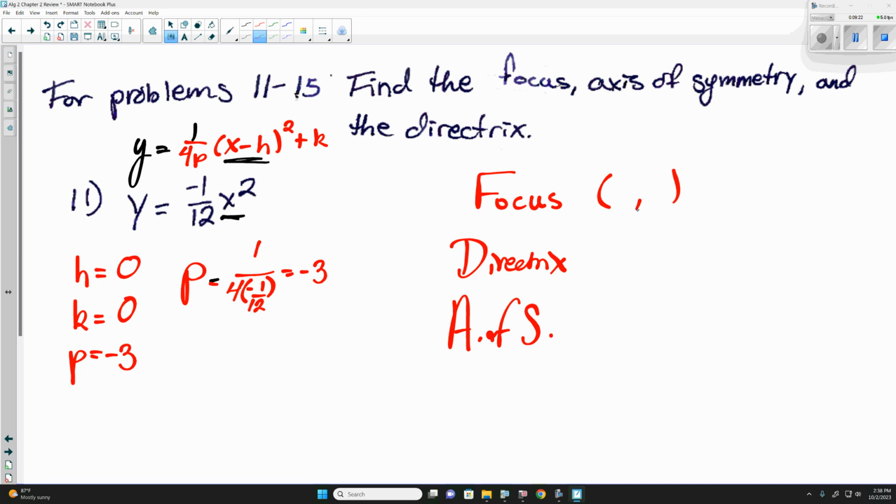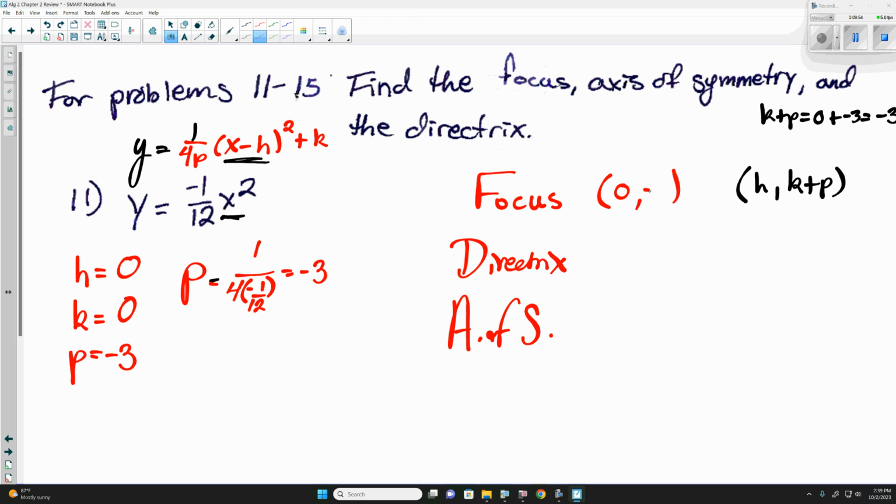Now, with focus, directrix, and axis of symmetry, I would again advise you to keep looking back at the general forms to make sure you get these right, because the focus is the point h comma k plus p. But we know the h value, it is 0. And k plus p is 0 plus -3, which is -3.